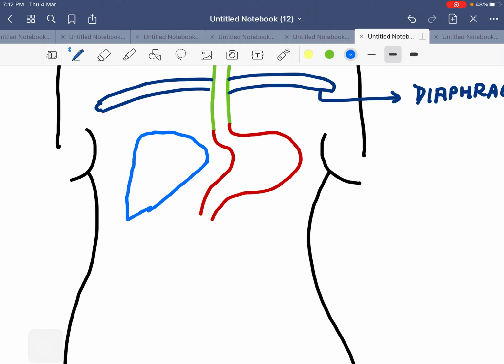Now between stomach and liver, there is one major thing you should always draw. If you are going to label your diagram well, and not give the examiner any chance to cut your marks, you should draw all the points.